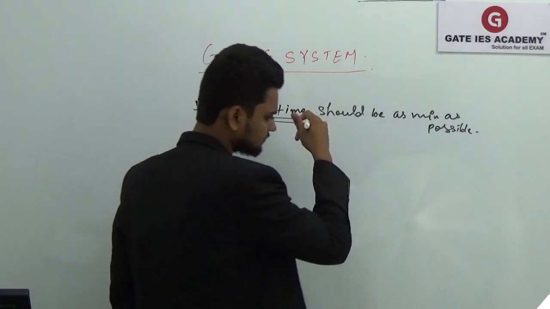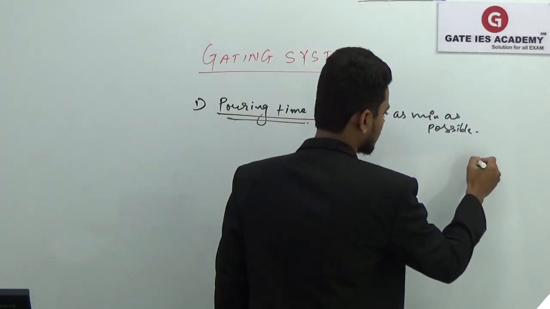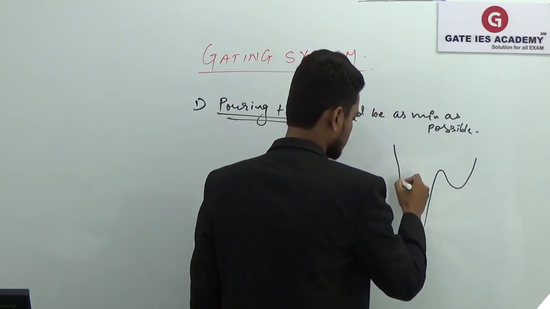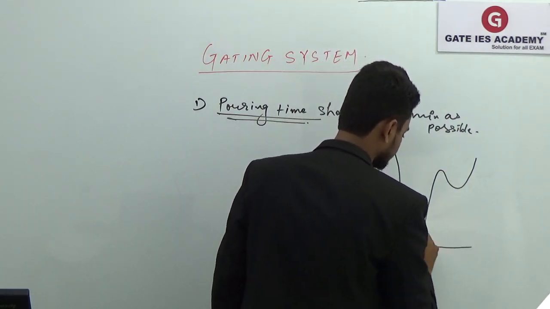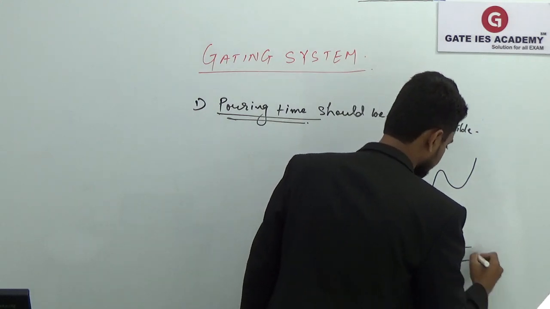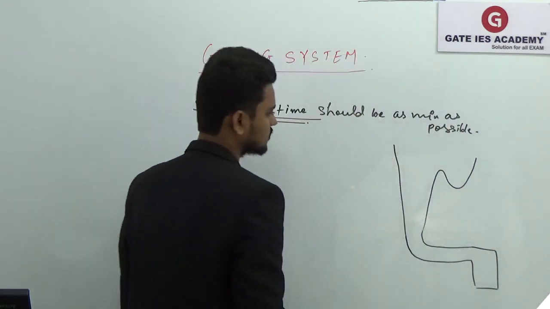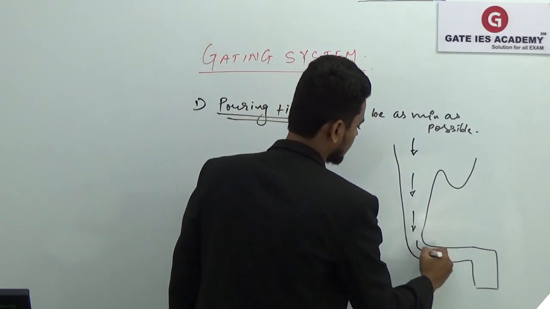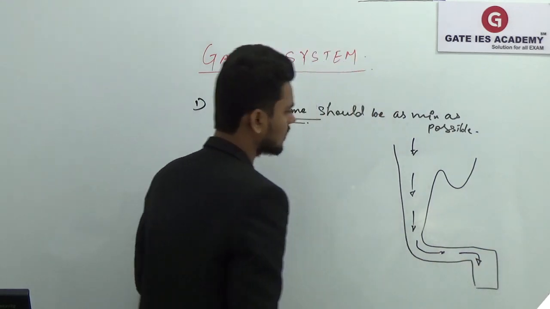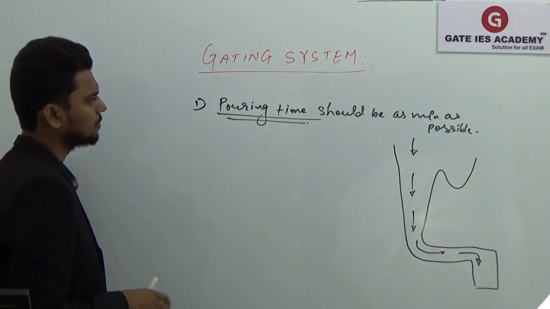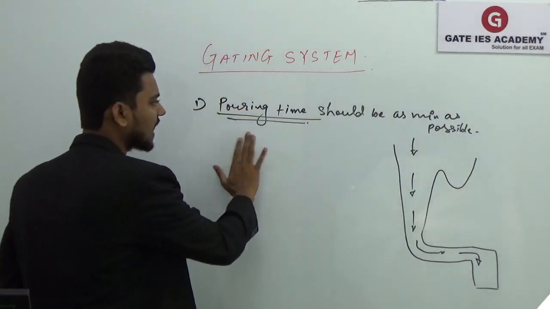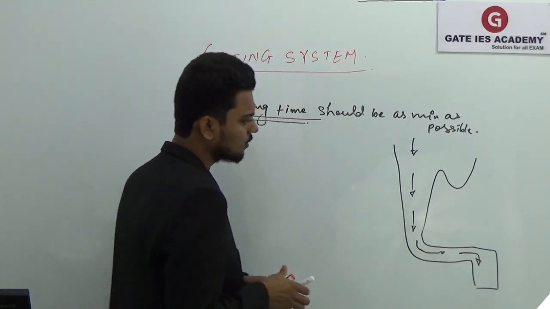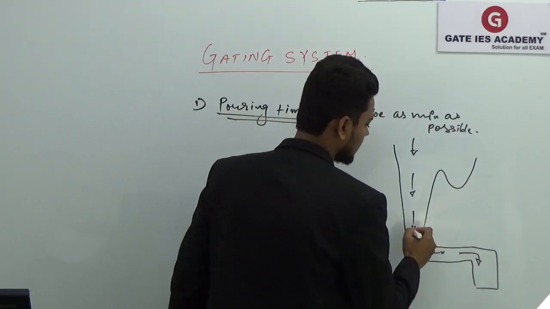Say this is your gating system through which the molten metal is to be poured into your cavity. The pouring time should be as minimum as possible, because if the pouring time is very high, what happens in that case is your molten metal will solidify somewhere in the passage.